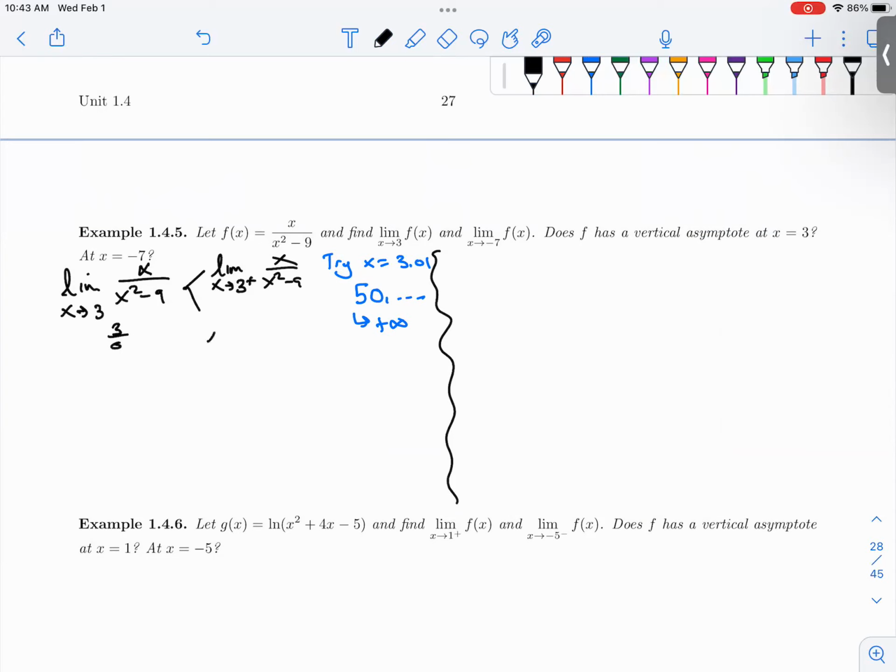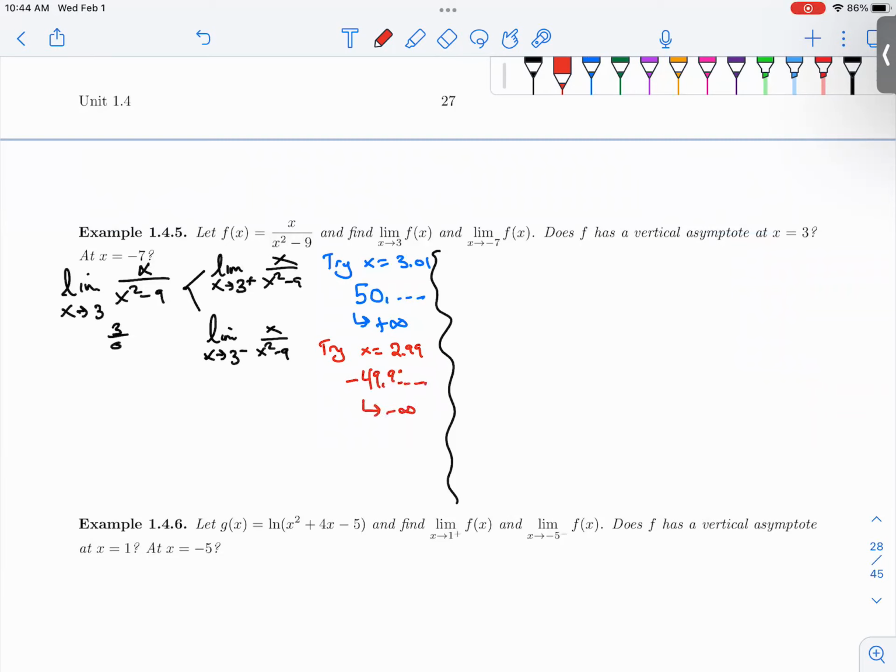So we'll also find the limit as x approaches 3 from the left of x over x squared minus 9. We're going to try x equals 2.99. I'm going to go back to my calculator and press 2.99, and you'll get negative 49.9-ish.